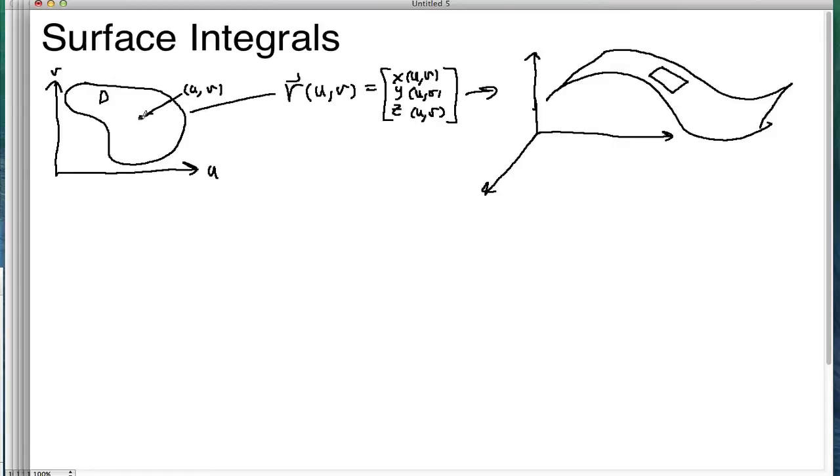So what we do typically is, if we take some patch of area, which we'll call delta U there, delta V, that gets mapped again to this, what I'll call delta S. And that little patch is what we call delta A, right?